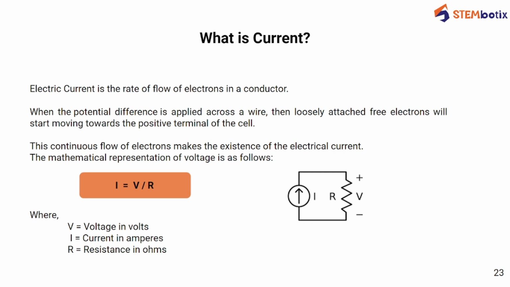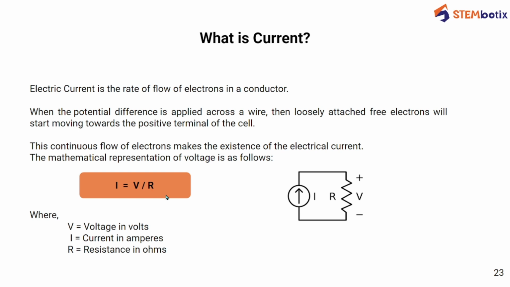The mathematical representation of voltage we know is V = IR. From that equation you can get the formula for current I, which is going to be voltage divided by resistance.